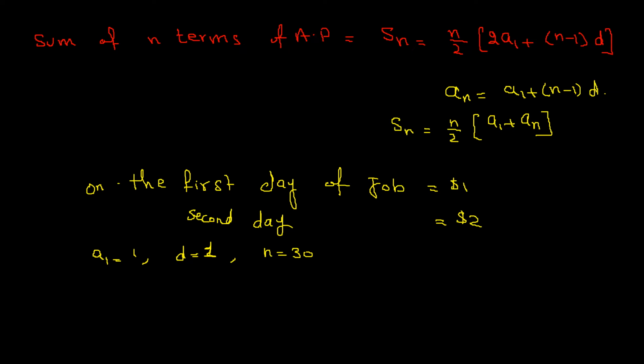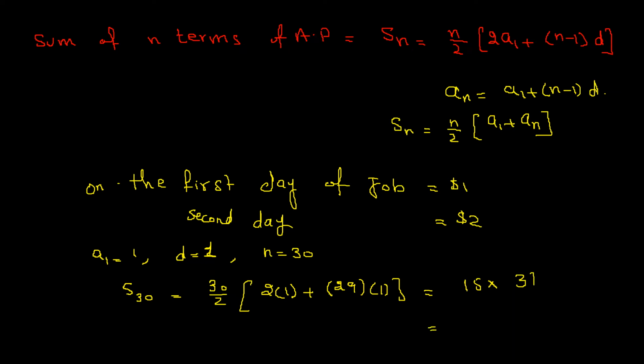We can use the first formula, with n as 30. That makes it 30 over 2 into 2 into 1 plus n minus 1, which is 29, and d is 1, which makes it 15 times 31.